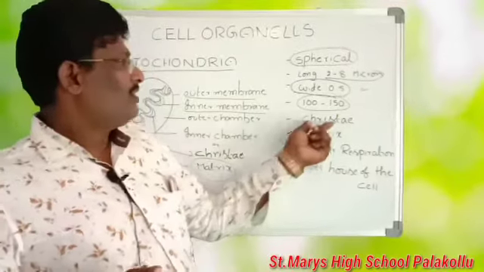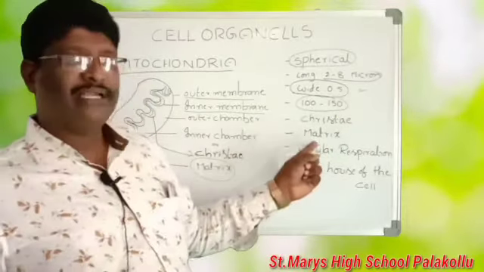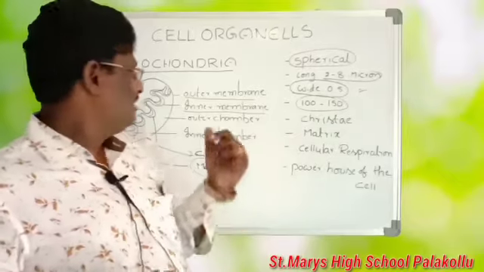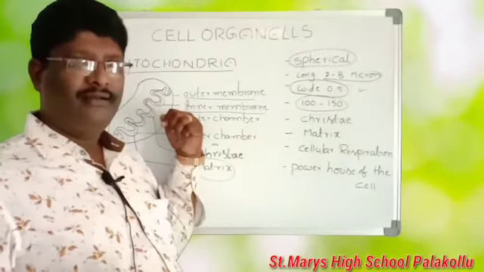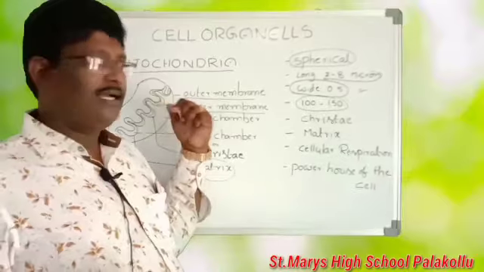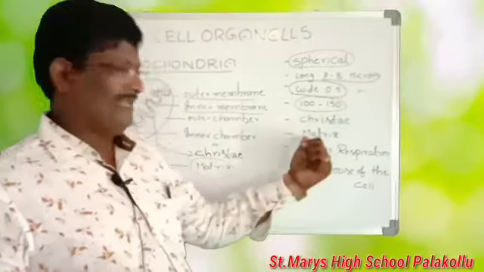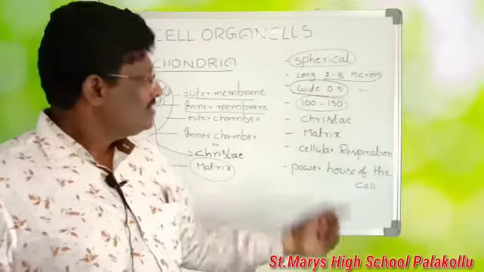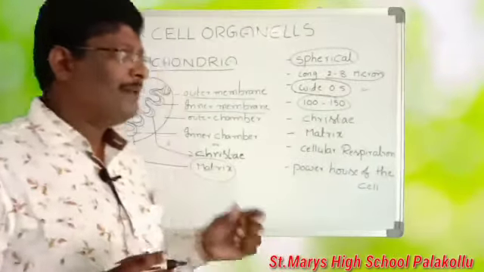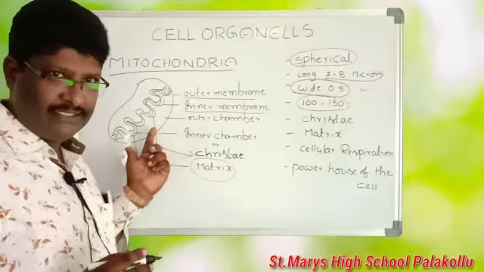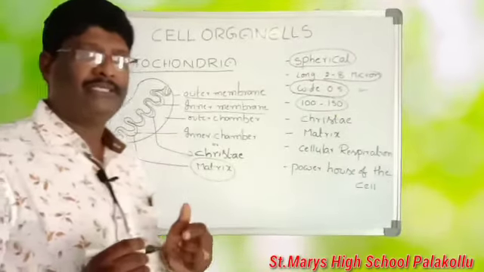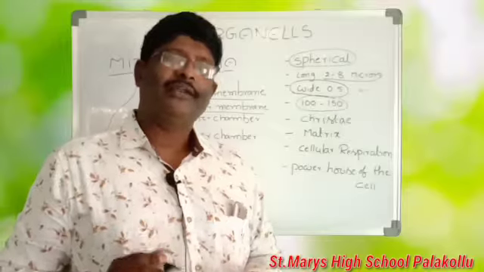Already I told you what is cristae. Inner foldings are called cristae. Inside the inner membrane there is empty space, and that space is called matrix. What is the main purpose of this mitochondria in the cell?